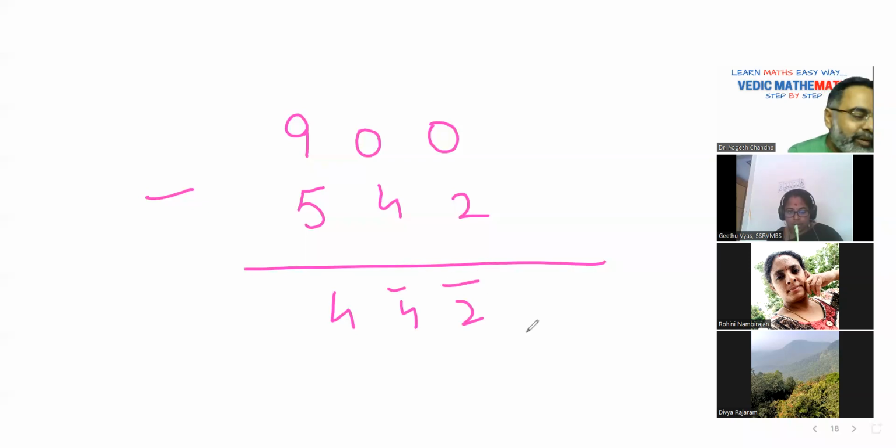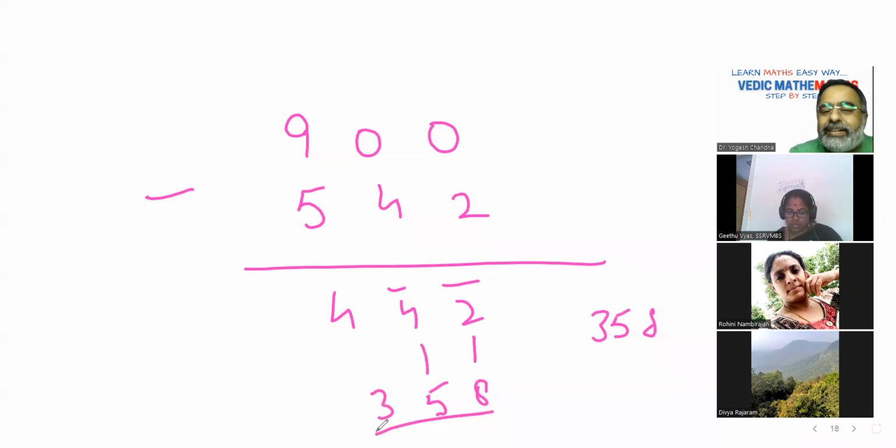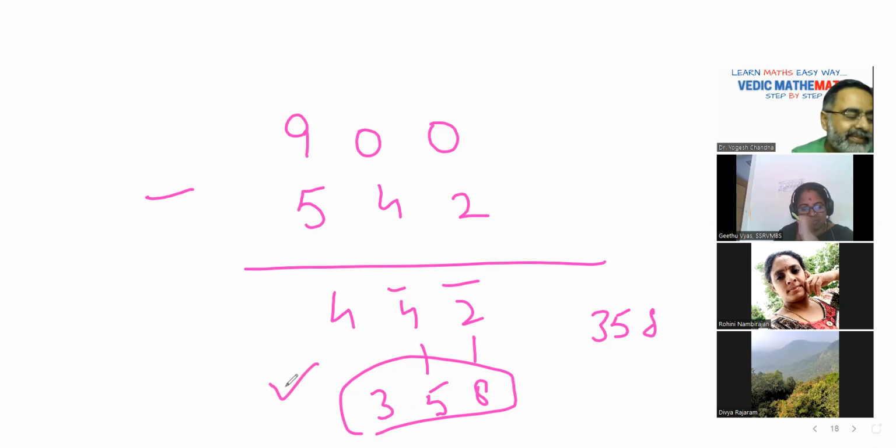That is 400 minus 42. That is 358. Or if you remember the rules, 8, 8, 5, 5, 3. That's why I asked you to remember the rules. And the second was very easy, conversion of vinculum to normal. Unit place, you find it first, rule 1, then sometimes rule 2. Any doubts you have now?